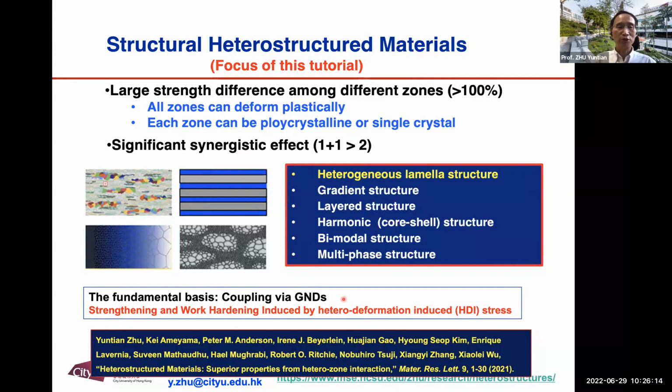This produces strengthening and or hardening, which is induced by hetero-deformation induced stress. Okay, we call that HDI stress. I'll show you more on this concept later.